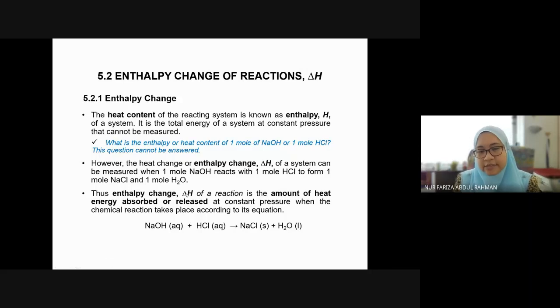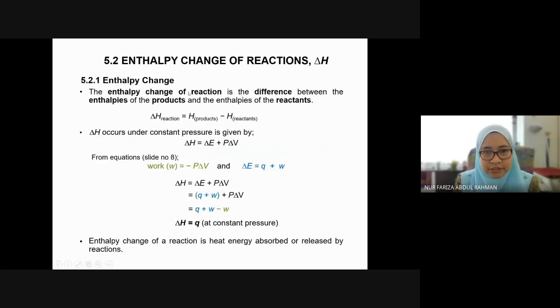All right, okay. So the enthalpy change of reaction is the difference between the enthalpies of the products and the enthalpies of the reactants. Because it's the change, it's the delta. Delta means the change in enthalpy.